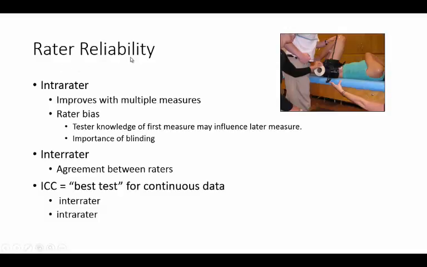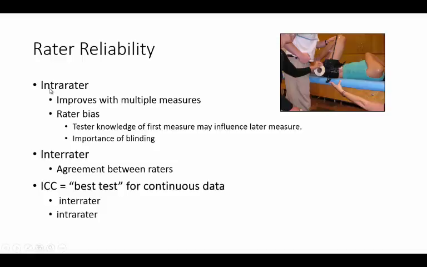Then rate of reliability: can a person measure something twice and get the same measurement? This is called intra-rater reliability. Intra means you're comparing the person to himself again at time 1 and time 2.